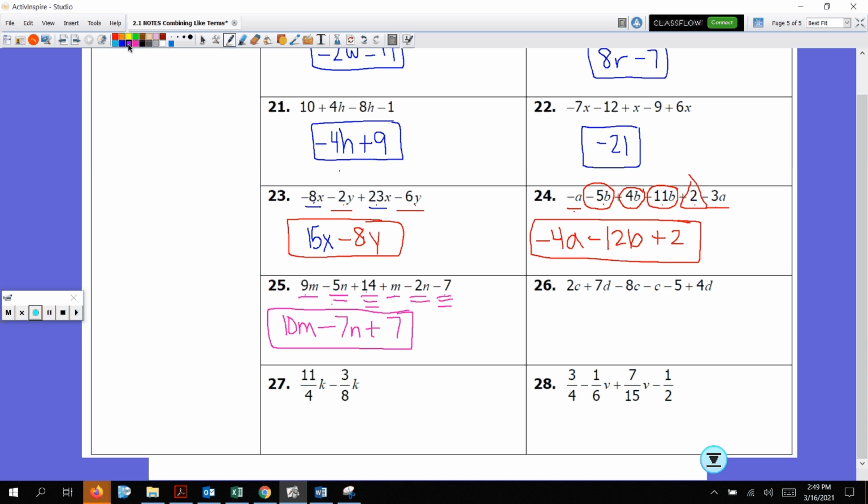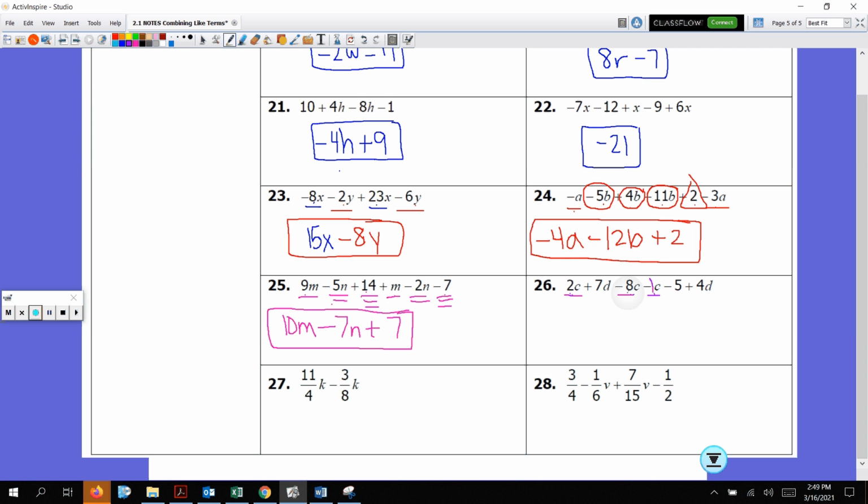All right, number 26. Let's start with the c term because it's first. So it's positive 2c minus 8c minus 1c. 2 minus 8 is negative 6 minus 1. If you need to draw the 1 there, do it. I don't want you to forget that it's there.